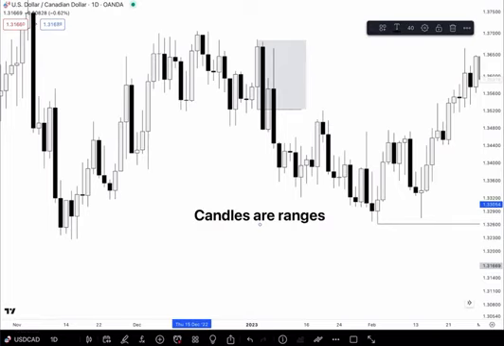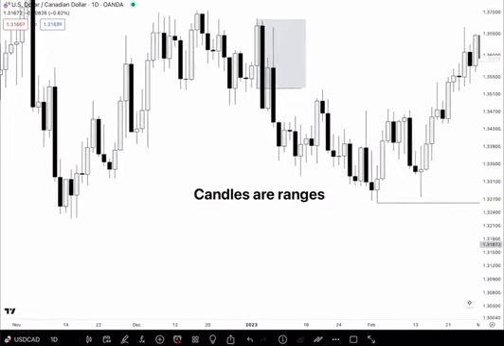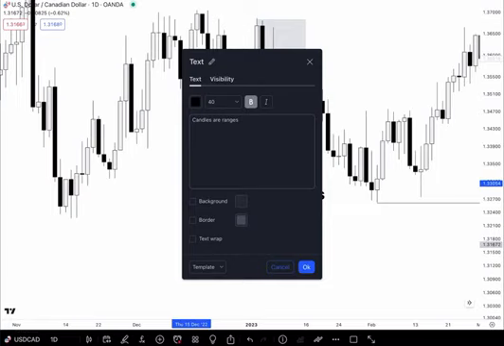So candles are ranges, right? A range is either broken truly or broken falsely.